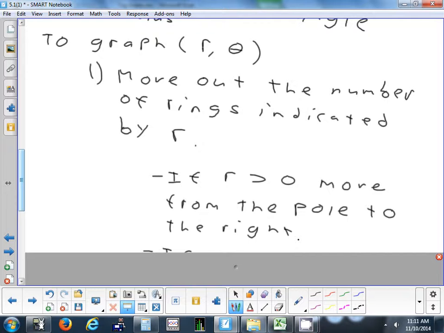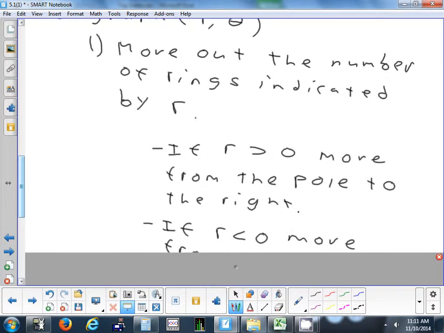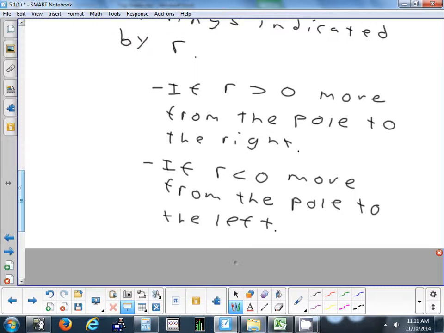Well, just look at what r is. How about if r is negative? If it's less than 0, which way do you think you're going to move? Yeah, you're going to move left. So if r is less than 0, start at the pole and go left. So in terms of an xy coordinate, that's the first part. That's like the x. You've done that. Now we have to move the angle.